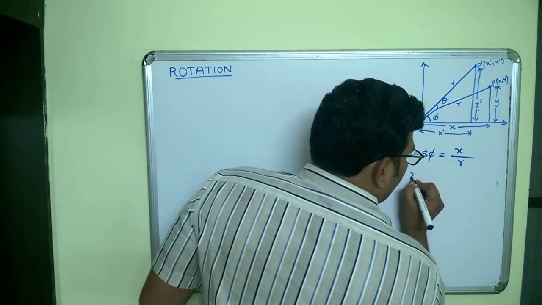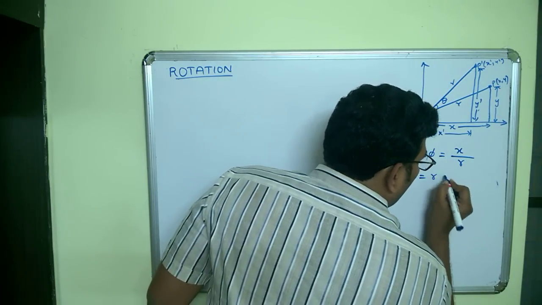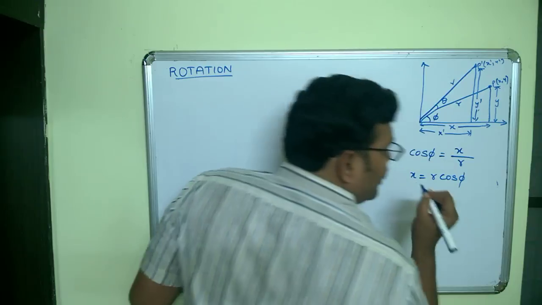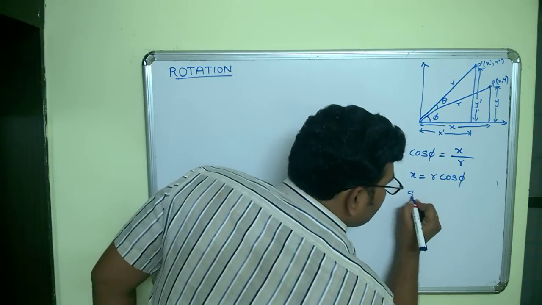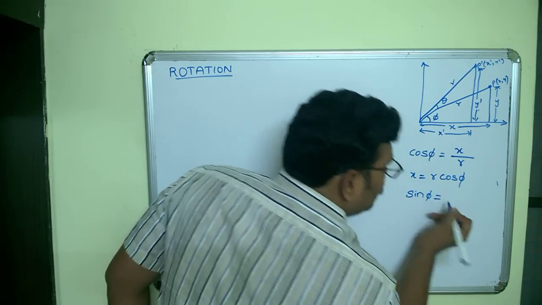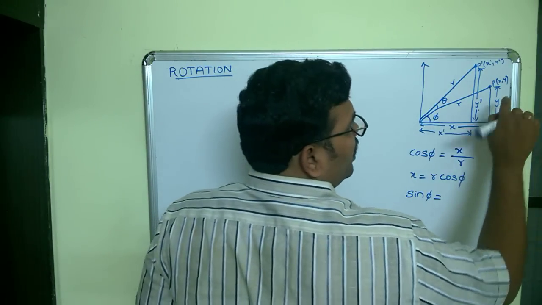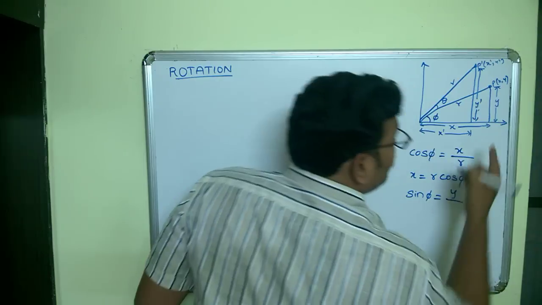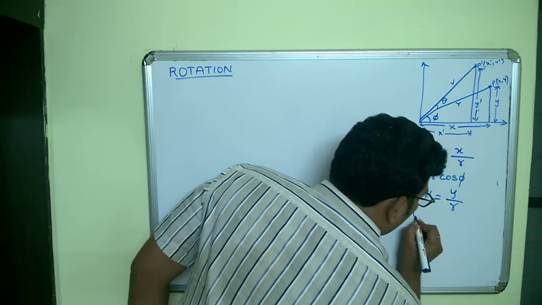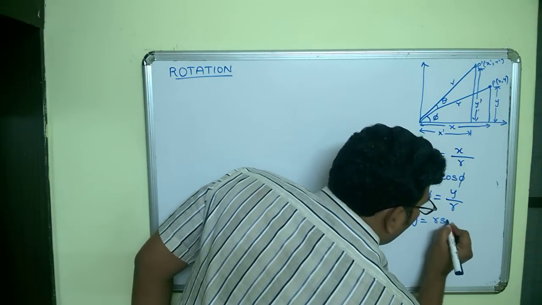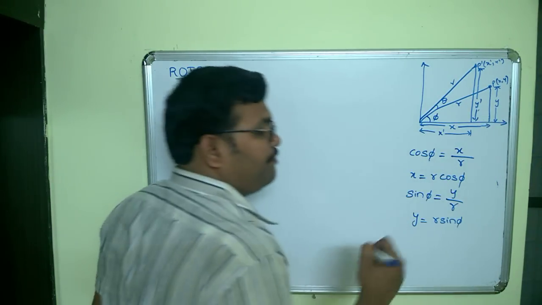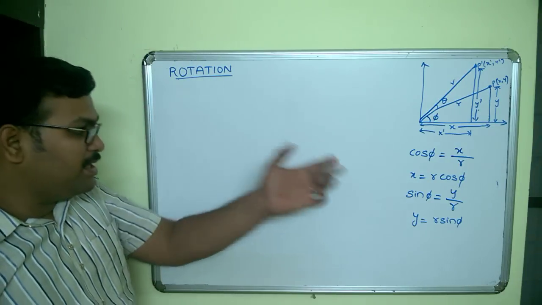So from this we can write x is equal to r cos phi. Similarly, sin phi is equal to the opposite side by the hypotenuse. Opposite side is y, hypotenuse means r. So y is equal to r sin phi. So let us remember these points.